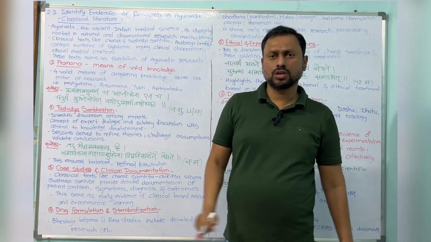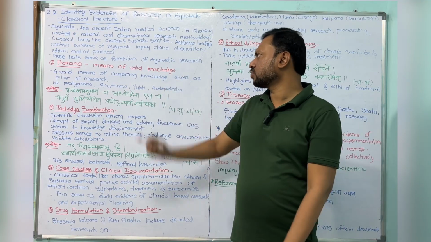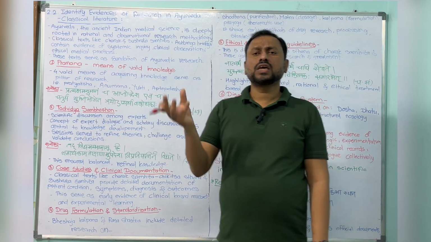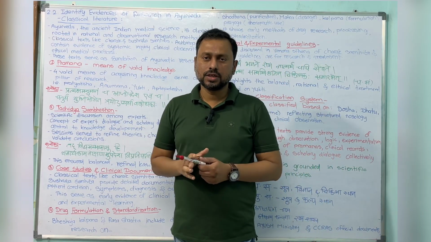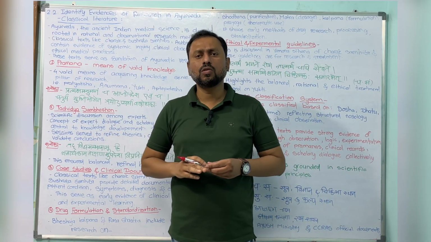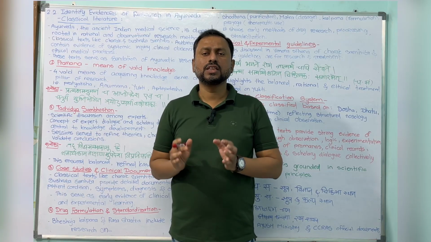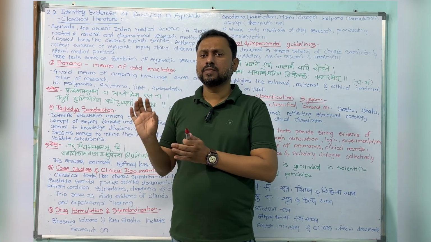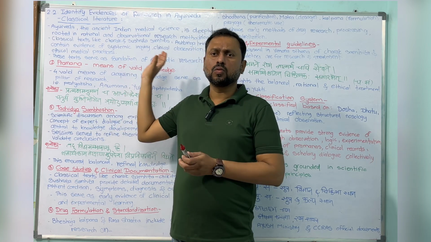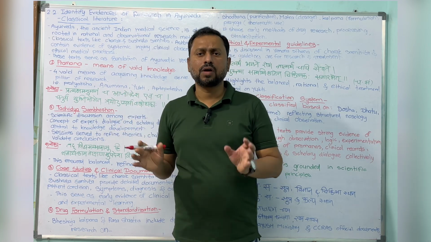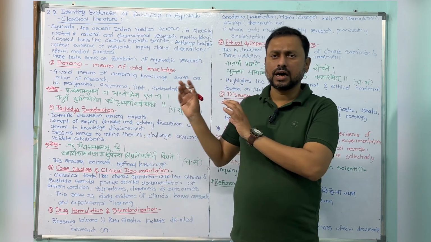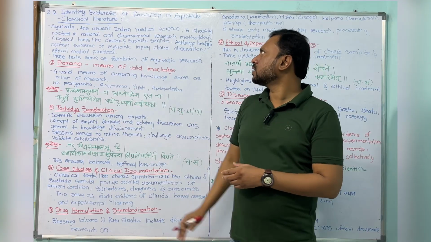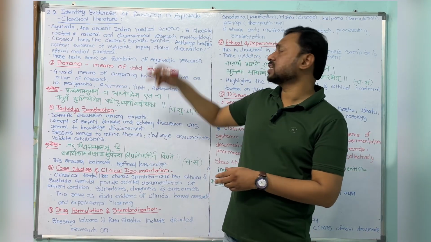Rationalism is the means through which our ancestors tried to acquire knowledge. These are the four pramanas. Previously, without any major instruments, only through these four pramanas our ancestors started the research.